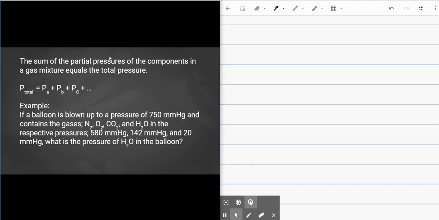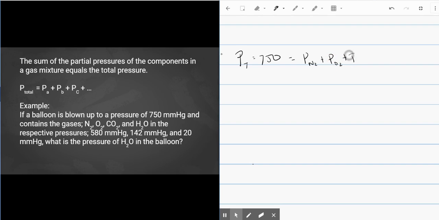We're going to use subtraction to find the pressure. Since we know that P total is 750, that is equal to the pressure of N2 plus the pressure of O2 plus the pressure of CO2, and lastly the pressure of H2O.